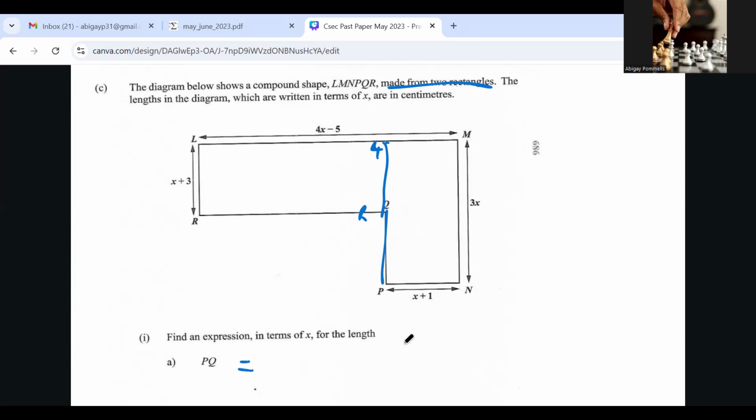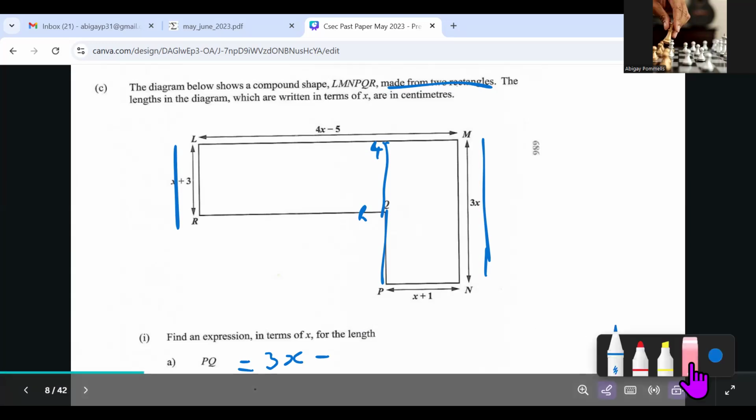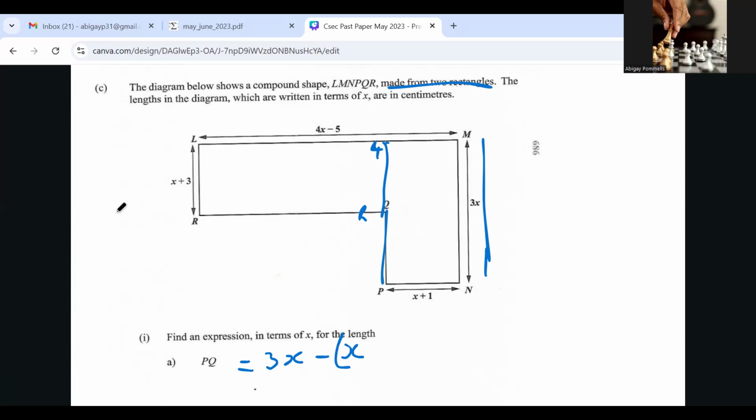PQ can equal this length subtract LR. So 3x minus LR, which is, let me raise here because we can't see, which is x bracket x plus 3.